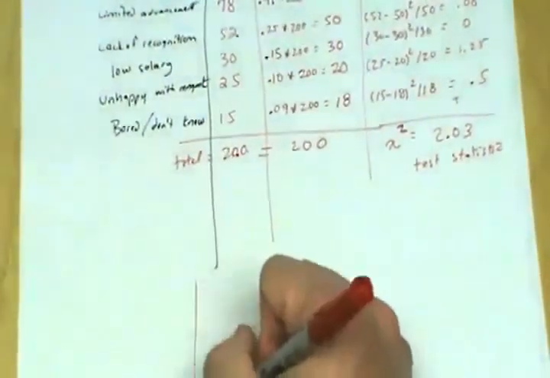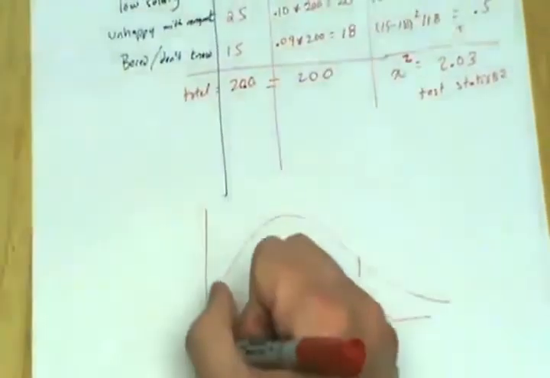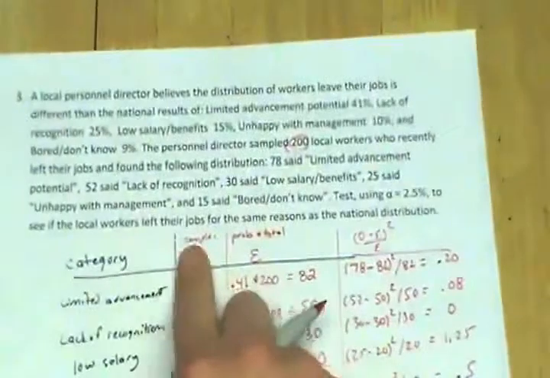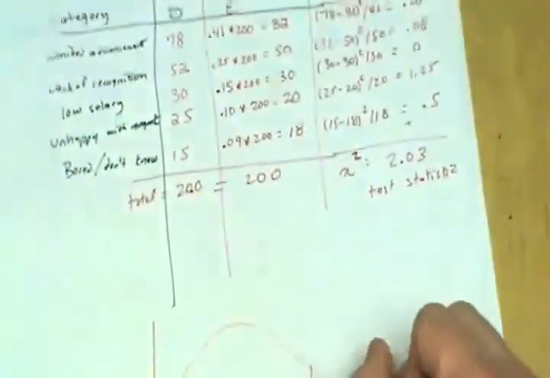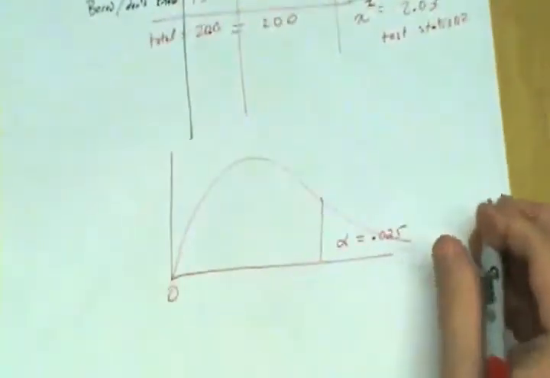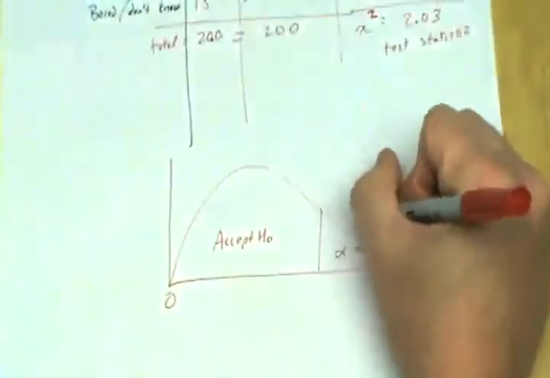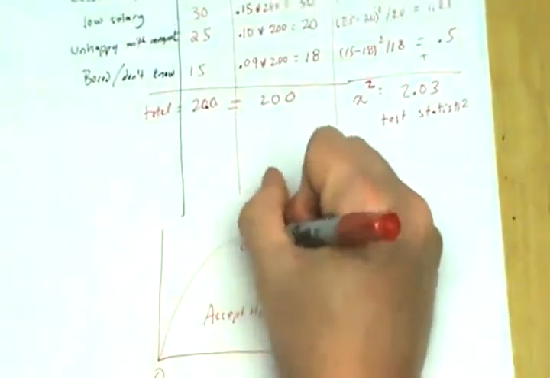Okay. Not quite a bell-shaped curve, but it kind of looks like a bell-shaped curve. This is a chi-square distribution. It asks for a significance level of 2.5%, so 0.025. Accept H0, reject H0. Our degrees of freedom in this case is categories.